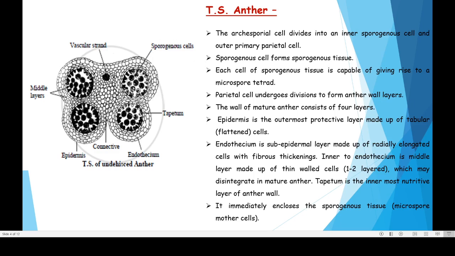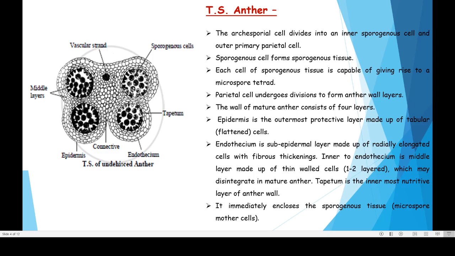Here in this diagram you can see sporogenous cells are shown, and the outer primary parietal cell also. Here you can also see 4 sporangia or pollen sacs are present: 1, 2, 3, 4.